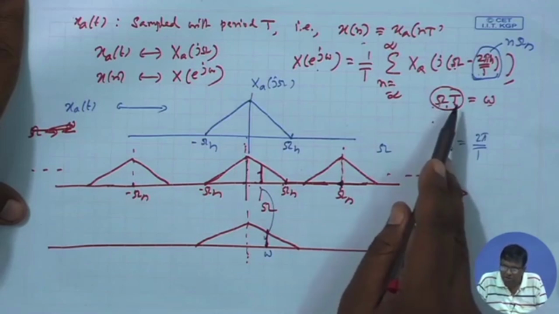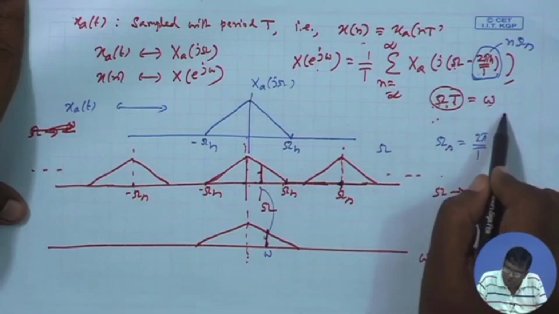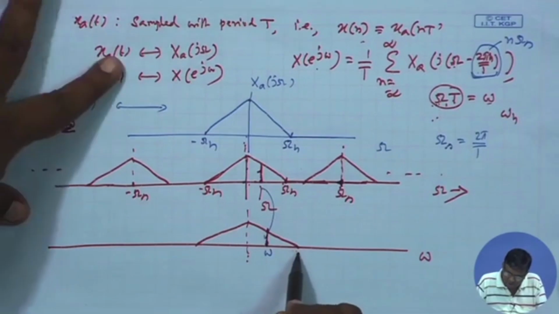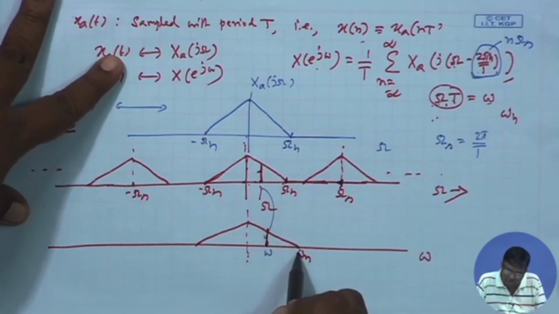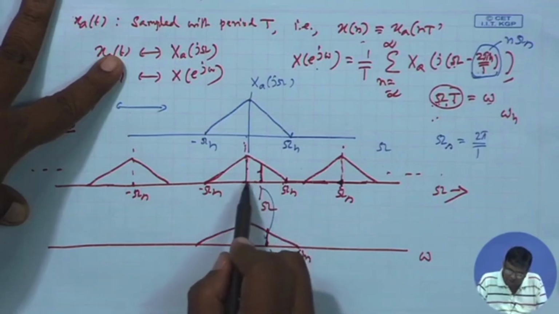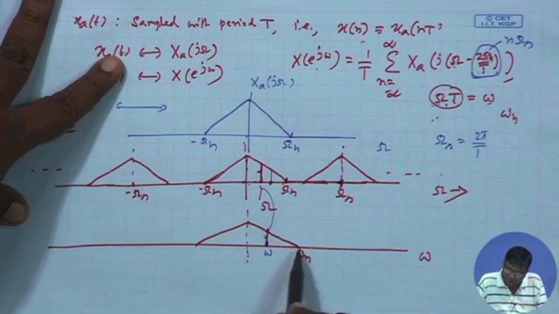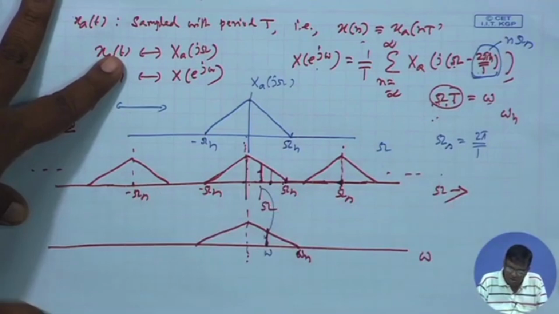That capital omega h into T, radian per second into second cancels, you get radian. So, you can call it small omega h, which is capital omega h into T. At that point, this 0 will come. So, at every capital omega, whatever value you have, that will come to this plot at that capital omega times T, so much of digital frequency. This is how one plot will be converted to another one.